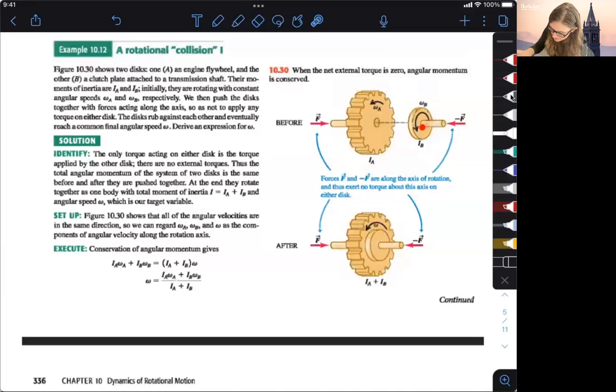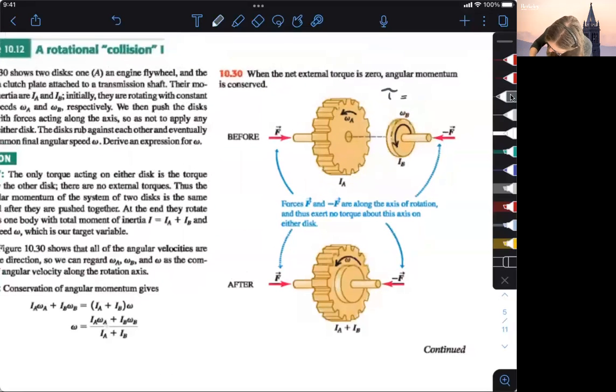That's why we can say that it's conserved, because we're pushing right along that z-axis. Think about how we model torque: no distance away. Just for reference, that's F sine theta, right? And then r is equal to 0. It's not any kind of distance away from that center where it's being applied, so it's not going to cause any rotation.